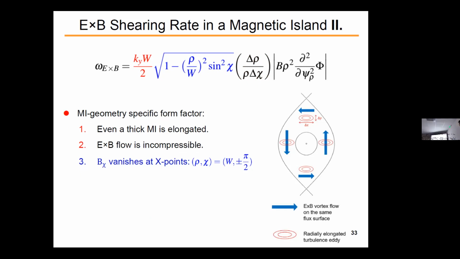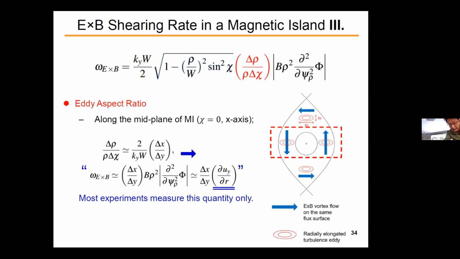And also the second factor even enhances this asymmetric, inhomogeneous feature of the E cross B shearing rate. At the X point, this form factor actually vanishes. So at the X point of the magnetic island, there should be no E cross B shearing rate, even if there is an E cross B shear present, just due to the geometric effect. So that is the main conclusion.